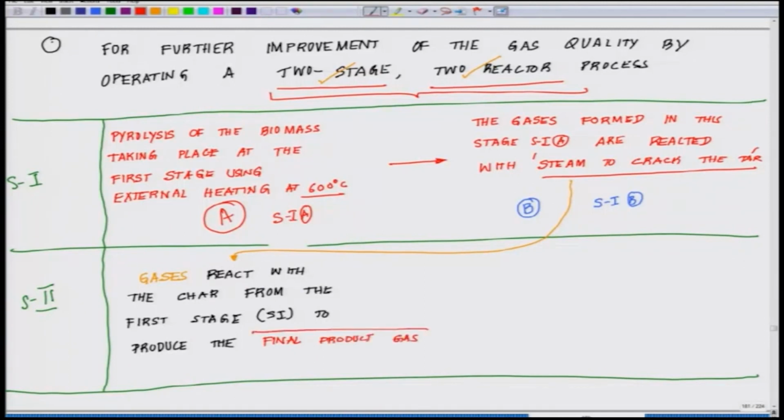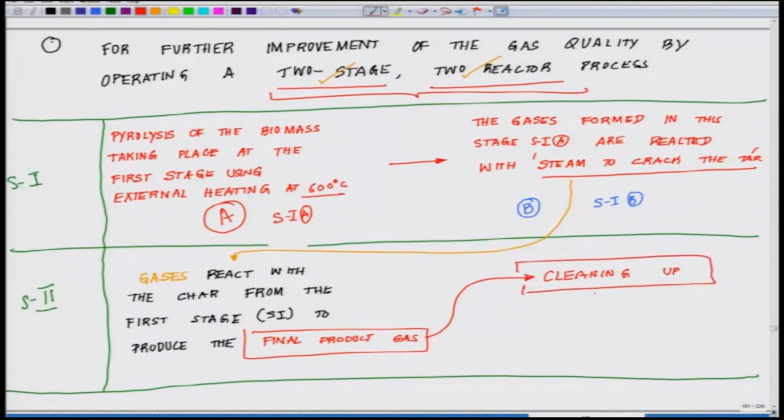And this product gas, in the last stage, goes through cleaning up. And if with a certain degree of energy efficiency this is achieved, then this is good enough for a spark ignition gas engine.